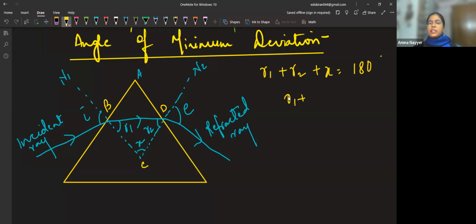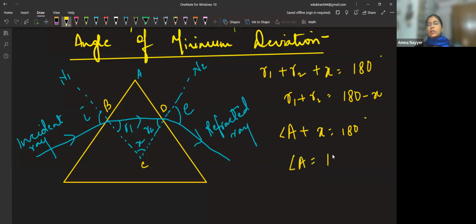So R1 plus R2 is equal to 180 minus X. Now, if we talk about the entire quadrilateral ABCD, here we have angle A plus angle X. Opposite angles of a quadrilateral make an angle of 180 degrees. So we have angle A plus X equal to 180 degrees. So angle A is equal to 180 minus X.